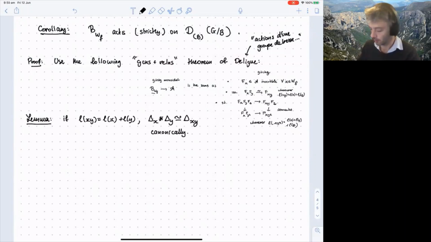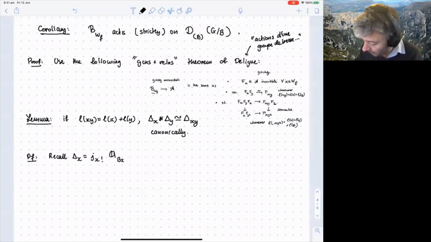So, proof. Recall that delta x is jx lower shriek of the constant sheaf on BxB mod B, with some shift.